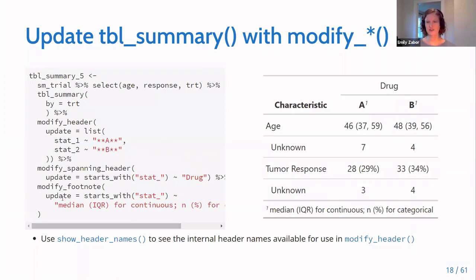And I've also modified the footnote just to change how I'm presenting the label for the statistic. Instead of saying statistics presented, it just says median IQR for continuous and n% for categorical. And you can modify these in any way you want. So that's just an example of some of the ways to modify different pieces of this table to customize it as much as you want.